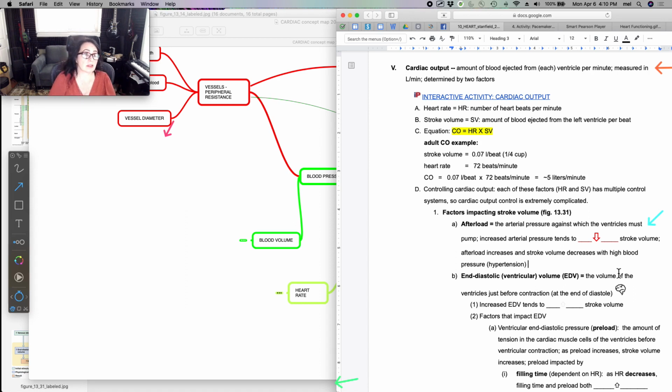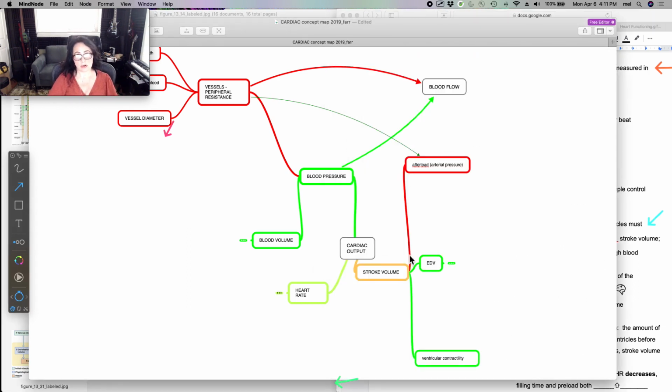And this ends up being clinically important because with hypertension, what happens is it drops stroke volume. And if you need to maintain the cardiac output and your stroke volume drops, what are you going to do to your heart rate, guys? So what tends to happen with heart rate with chronic hypertension? Your heart rate tends to go up, right?